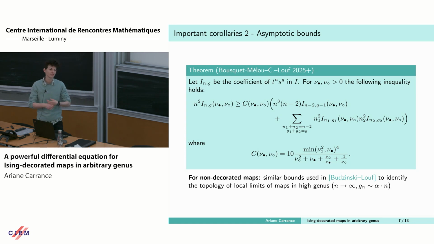So it doesn't mean that it's the only ingredient necessary to get local limits for our Ising-decorated maps, but it's an important ingredient that we're happy to already have.